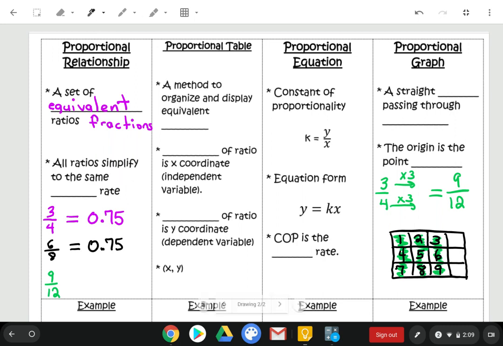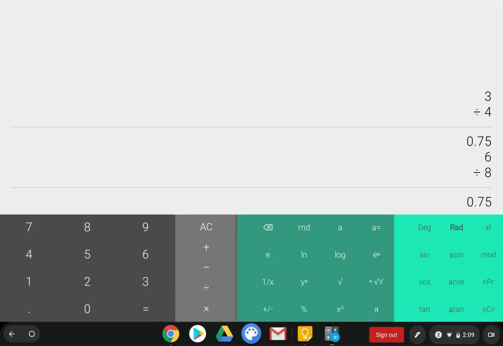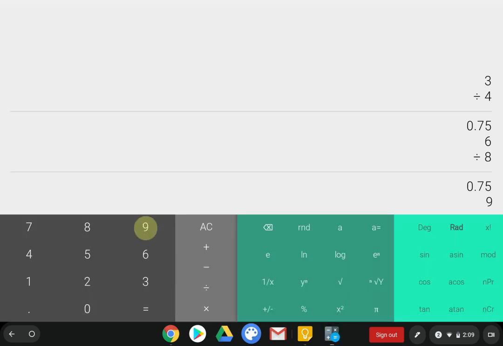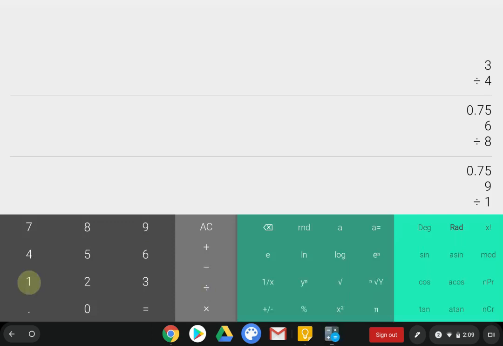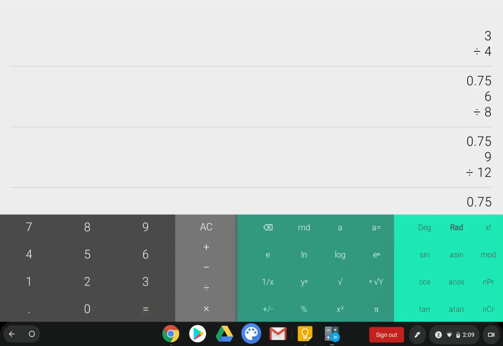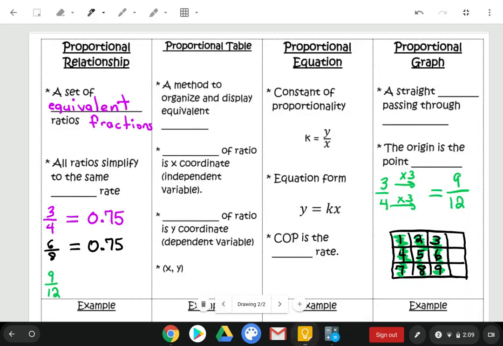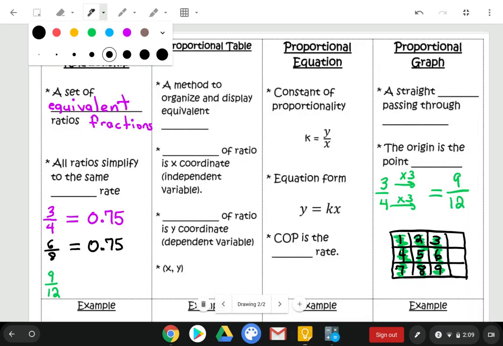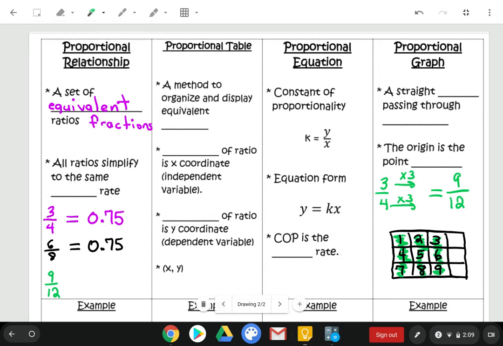And then last off, I'm going to take 9 and divide it by 12. So I'm going to go to my calculator and press 9 divided by 12 equals, and that is still 0.75. So I'm going to return here and just make the note for myself that 9 divided by 12 is equal to 0.75.